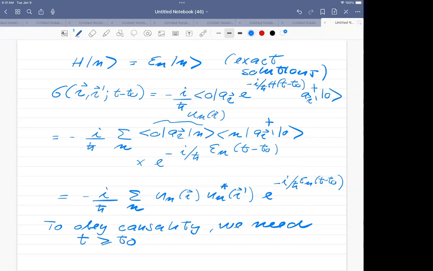We have something which happens at t0 and then we propagate through time, so t has to be larger or equal to t0. And this is simply to obey causality. So this brings us back a little bit to what we discussed yesterday with Wick's time-dependent theorem.